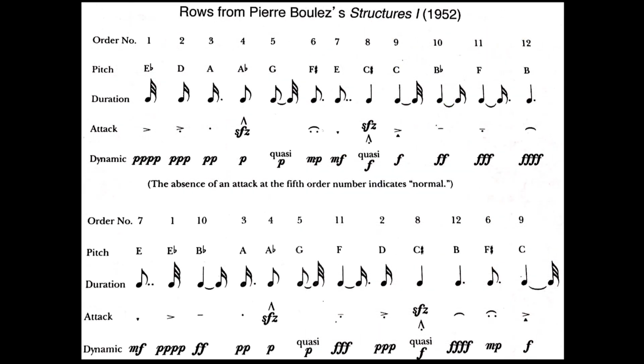Pierre Boulez was a student of Olivier Messiaen, and in this piece, he uses the same row that his teacher did, the E flat, D, A flat row, etc., with the same rhythmic values, although he does attach different articulations and dynamics.